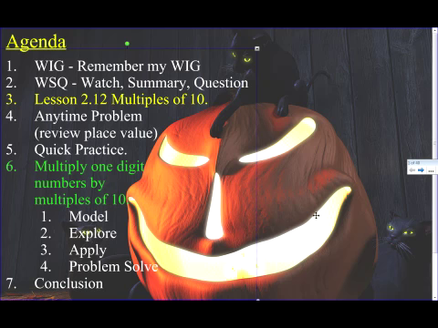And then we'll show you how to multiply one-digit numbers by multiples of 10. We'll model it. We'll show you how to do it with some blocks, and we'll apply it into some of our math problems, and we'll problem solve it, see if we can do that. And then we'll wrap it up for today.